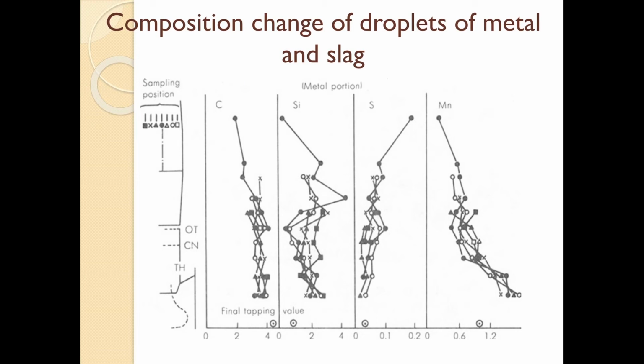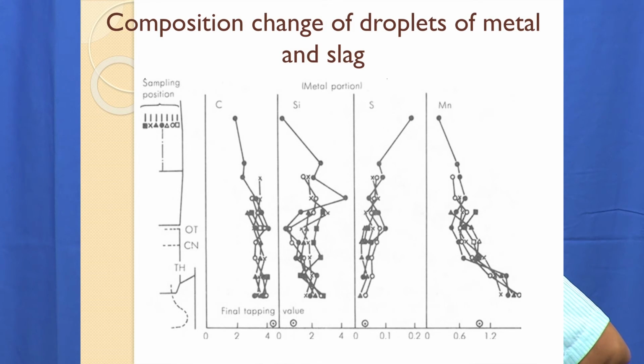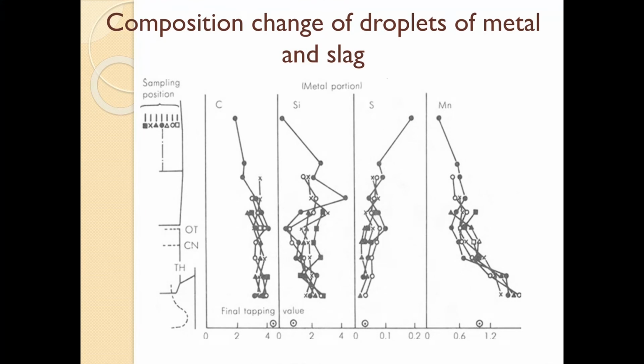Sulfur pickup of course depends on the temperature and basicity and other things of the slag. This sulfur content decreases continuously as it goes near the hearth or tapping side. Of course, the manganese pickup is high, especially by the metal.